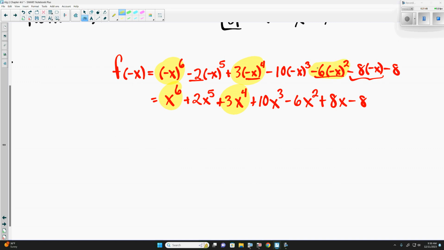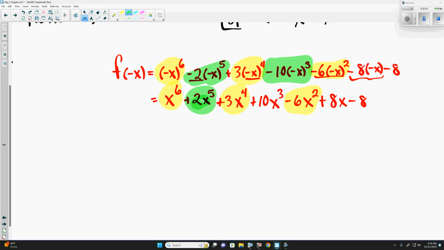With our x squared term, it was negative. It stayed negative. And then we have our negative 8, which is not odd or even, so it's just negative 8. Negative 2x to the 5th was negative. It is now positive.